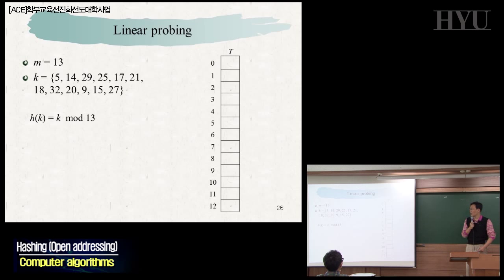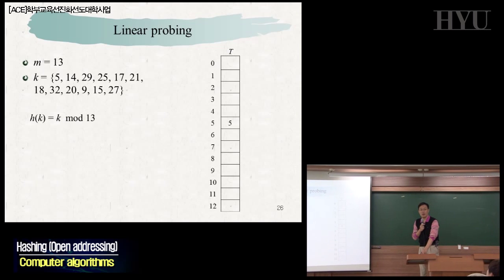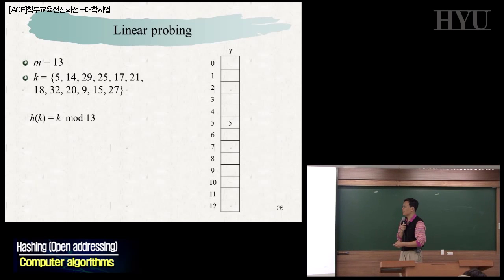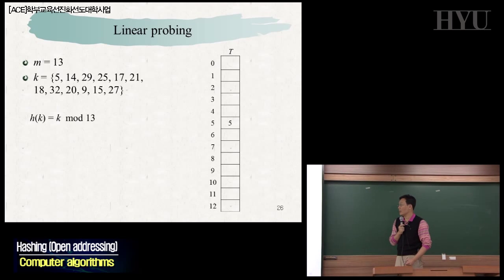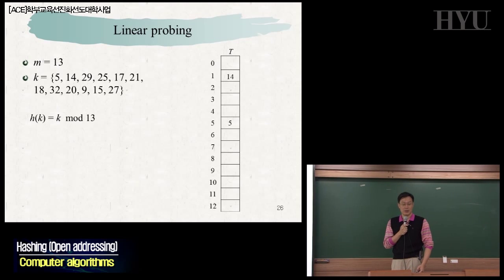And let's see. First, key 5 is stored. Then 5 modulo 13 is 5, so it is stored here. And then 14. What is the hash value of 14? 1, yes. It is stored here.